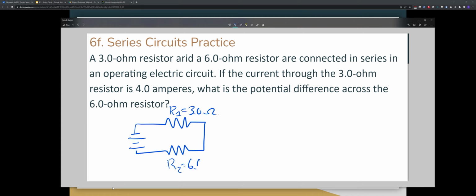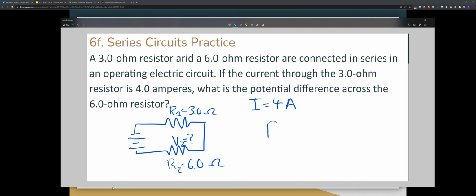R2 is equal to 6.0 ohms. The current running through the circuit is 4 amps. And again, we know that the current throughout the series circuit is the same. And they want to know, what is the potential difference across the 6 ohm resistor? So V2, what is V2?